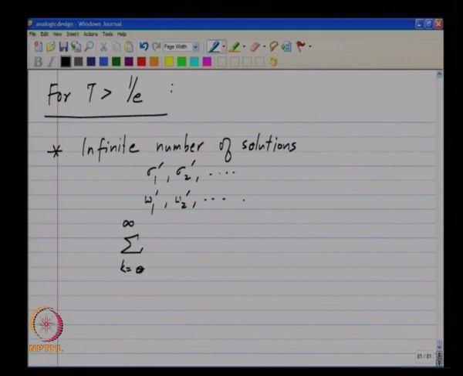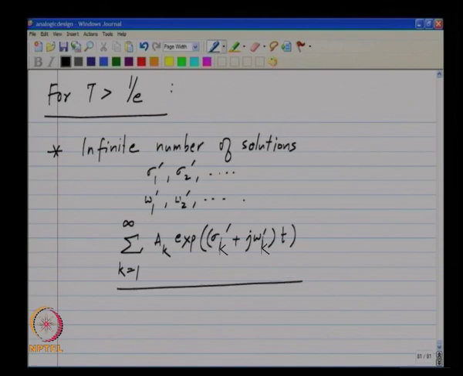sum of all possible exponential solutions. I have to run the summation from 1. Okay. So, this is what we have to do, and from the boundary conditions we can try to determine A k, but of course, it is not possible to take all the infinite terms.